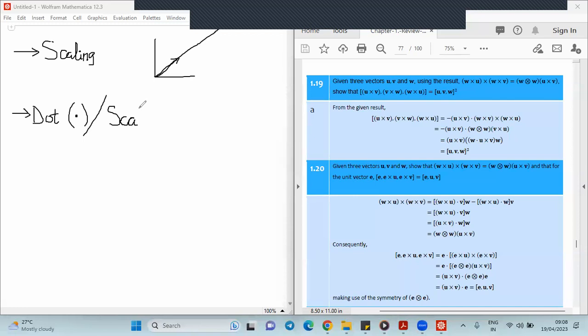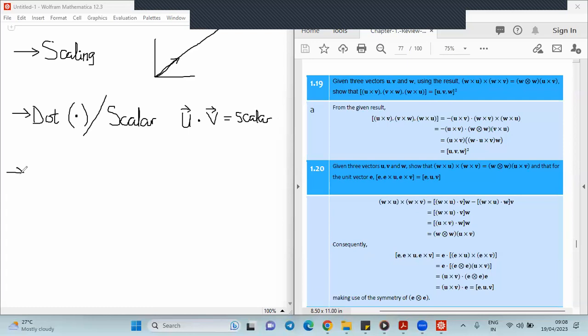It's called a scalar product because when 2 vectors multiply themselves using a dot product, they give birth to a scalar. So you multiply vector u by vector v using a dot, and you are going to get a scalar as your answer. That's why it's called a scalar product, because the result you get from that product is a scalar.